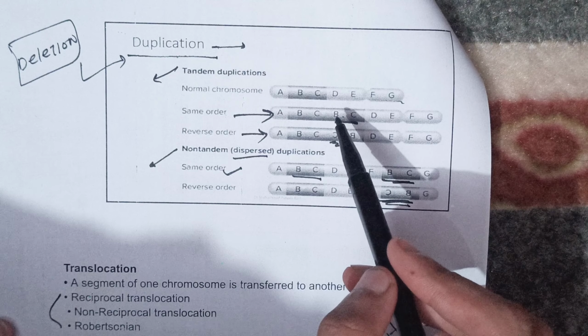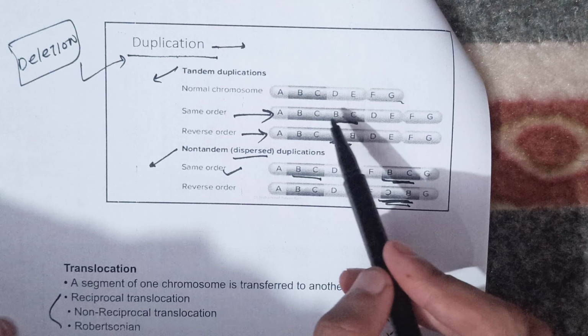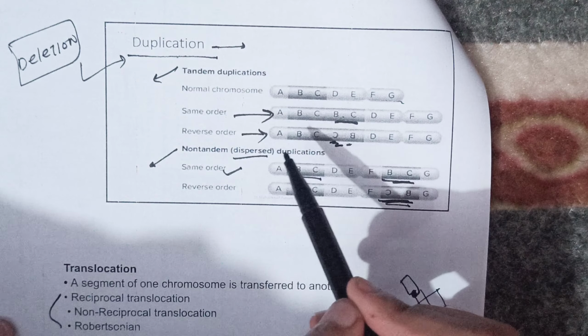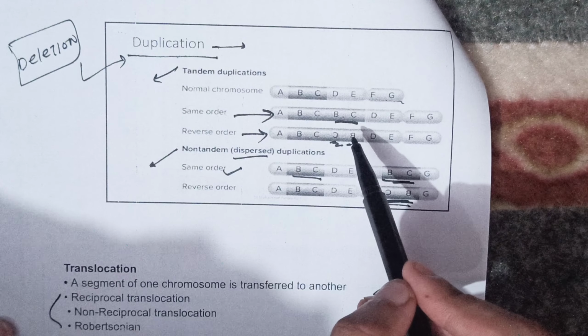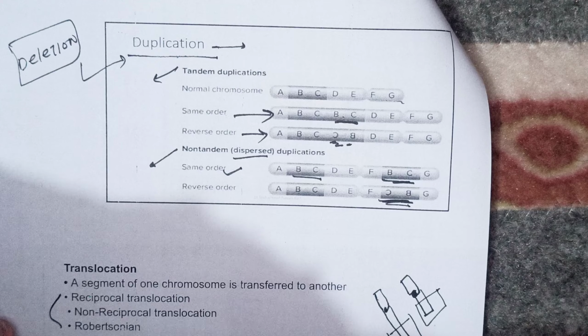And, beta, if the newly added segment is present in the same order, that is B then C, this is called same order tandem duplication. If it is present in the reverse order, that is first C and then B, this is called reverse order tandem duplication.